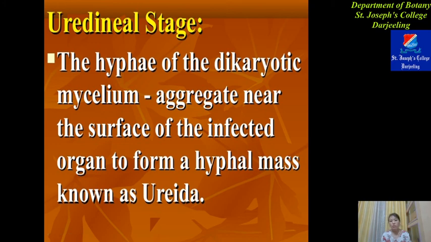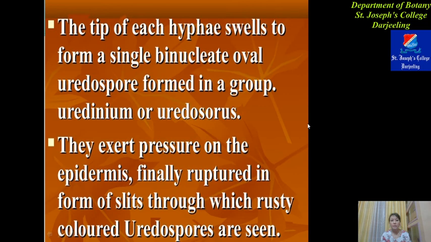Out of this, the first kind of spores is produced, the urediospores. These urediospores are more or less oval-shaped structures, and after maturity they exert pressure on the epidermis, which finally ruptures in the form of slits through which the rusty-colored urediospores are seen.